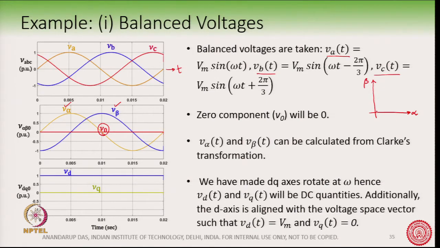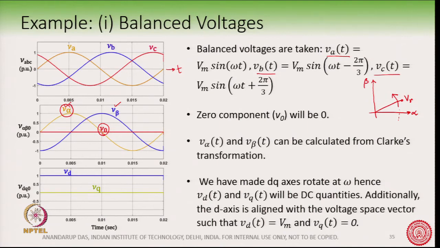Then you have the space vector corresponding to V A, V B, V C. This is a space vector which is rotating at a speed of omega. As the space vector is rotating in the anti-clockwise direction, at first it is crossing the alpha axis, and then after 90 degrees it is crossing the beta axis. So, therefore, at first alpha is peaking.